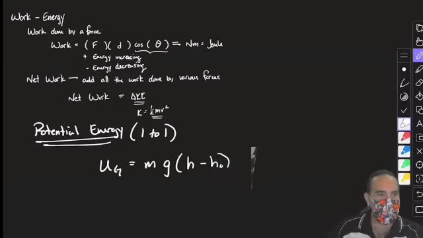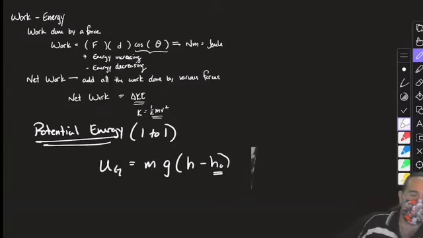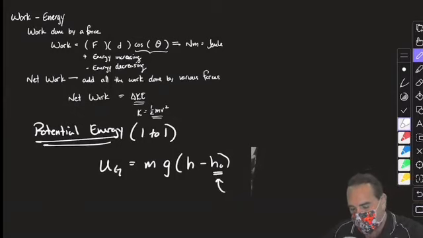I want you to write it very specifically. This is not really what's in your book or what's in your equation sheet, but it's important that we understand that there is this mention here of H naught that I want you to always consider when asked about gravitational potential energy. The first thing you should do when you're asked to calculate the gravitational potential energy is ask yourself, what is the reference level?